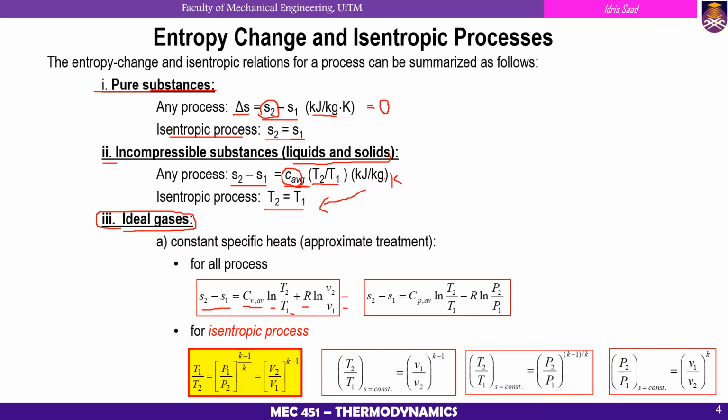Also, it can be calculated by using the specific heat at constant pressure, so you get Cp average ln T2 over T1 minus R ln P2 over P1.